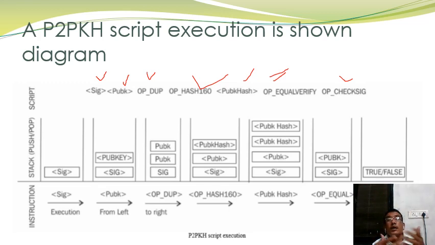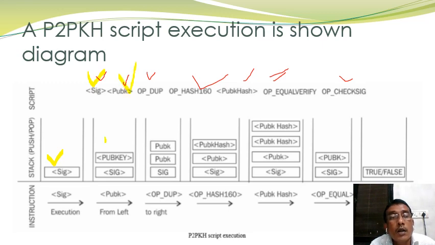We will see the first command, the signature. It will push the signature onto the stack. Then the second command is the public key, so you can see how the values are pushed onto the stack.